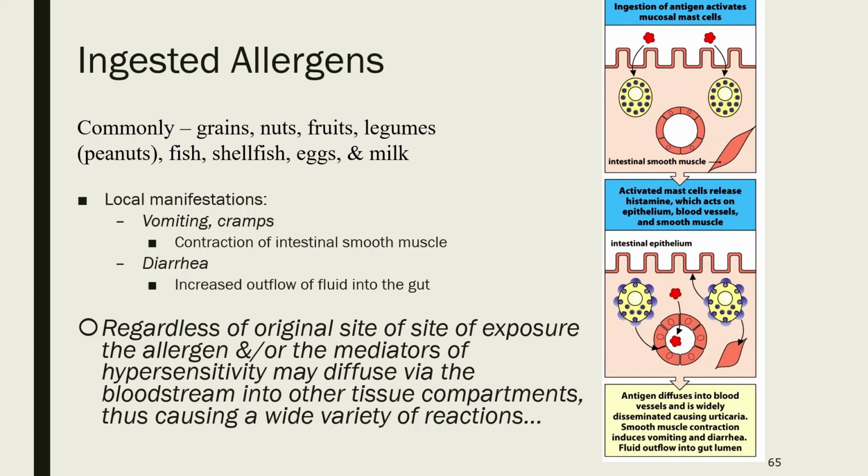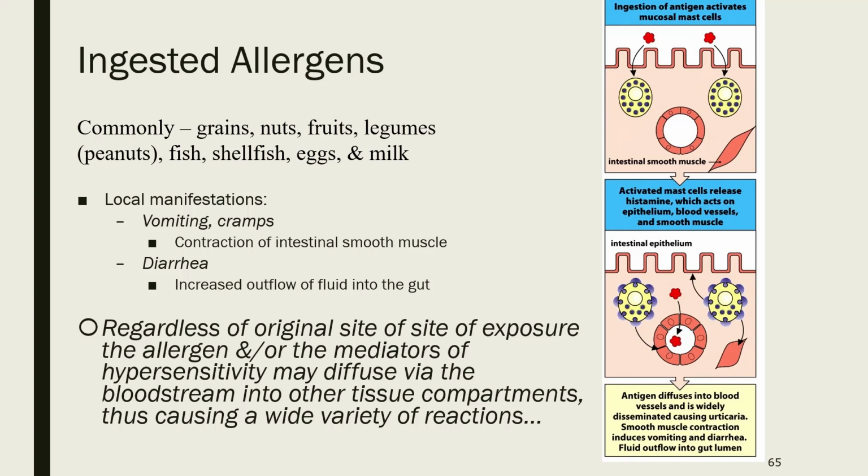You ingest these types of food, and they all have protein components. They break down in your stomach and intestines, leading to breaking down into peptides. Small peptides are perfect for activating the Th2 helper cells.